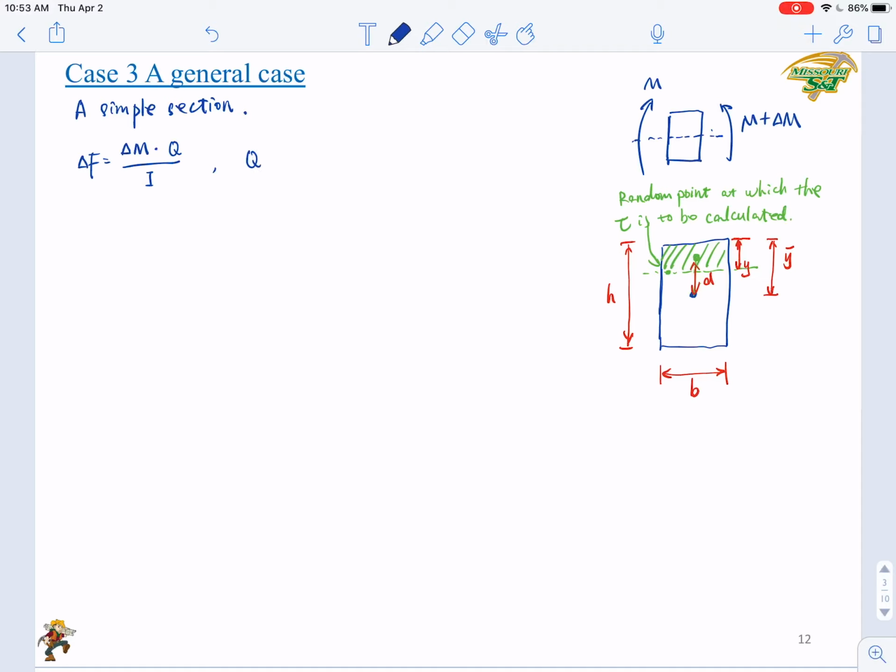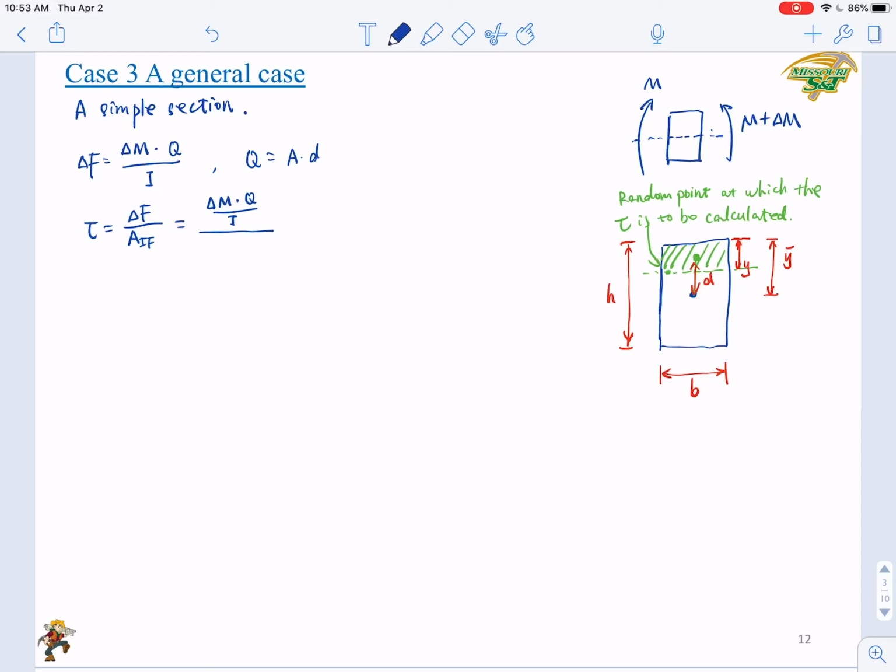Where Q equals A D. Right, so the tau is calculated as delta F over interfacial area. Then this can be extended as delta M by Q over I over, and what is the area? The area of the interface as denoted here.